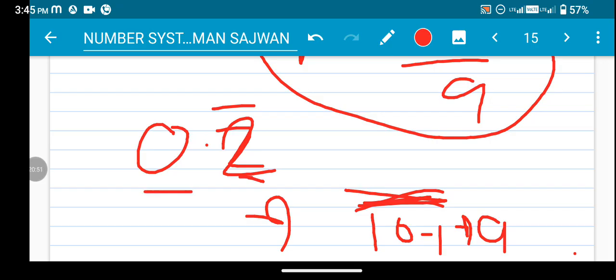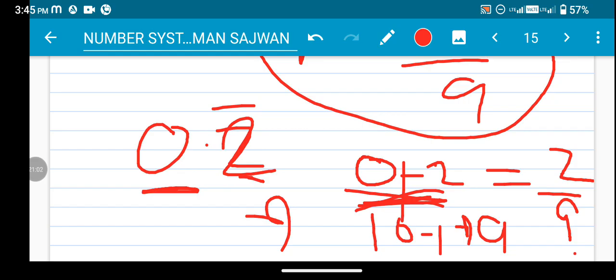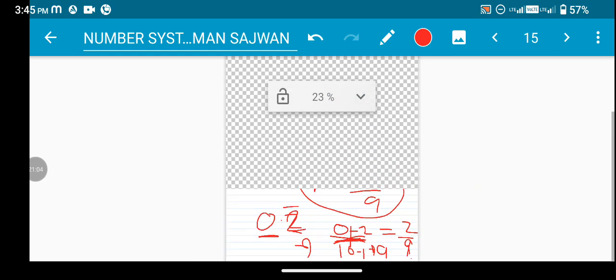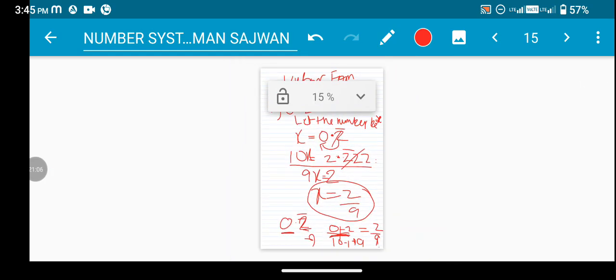If there is no other number before it, you just do 2 minus 0, which will be 2, so it is 2 upon 9. So this is the MCQ method. We will solve more questions in the next class.